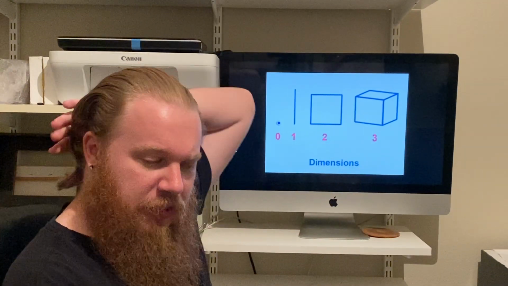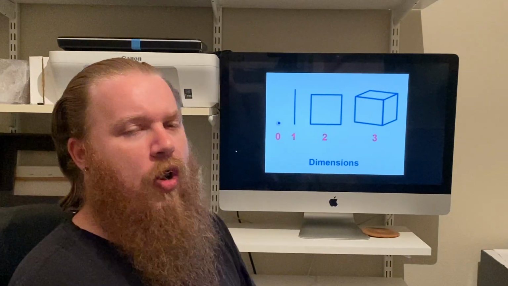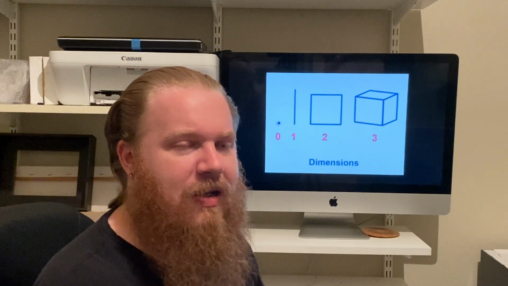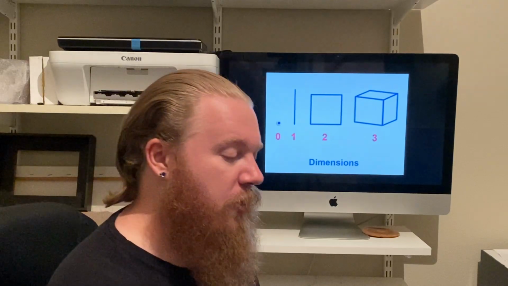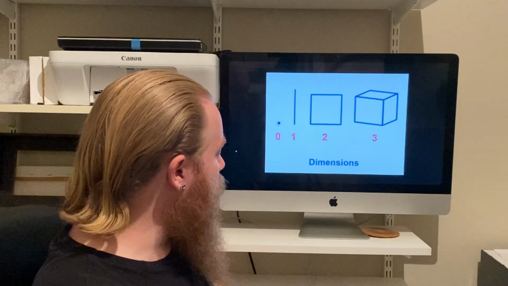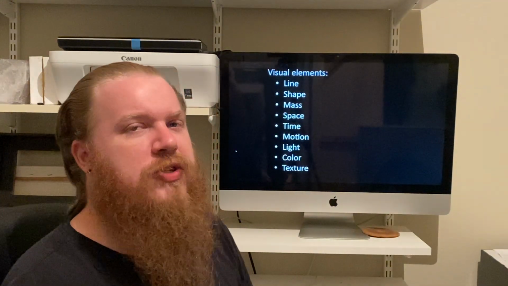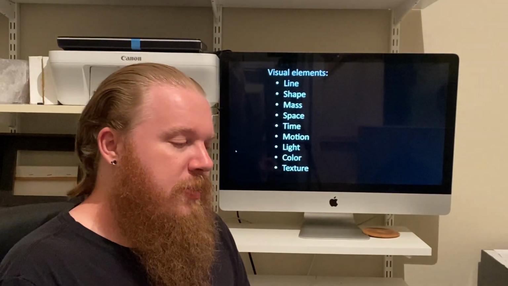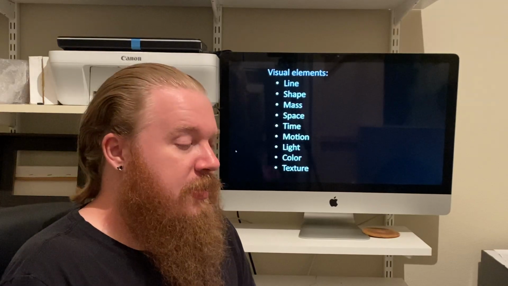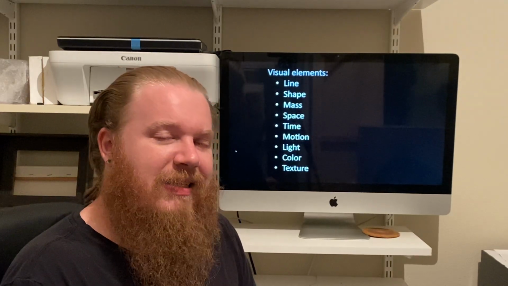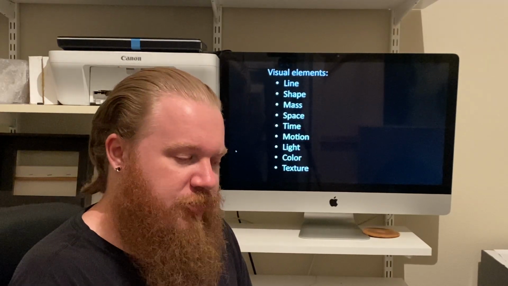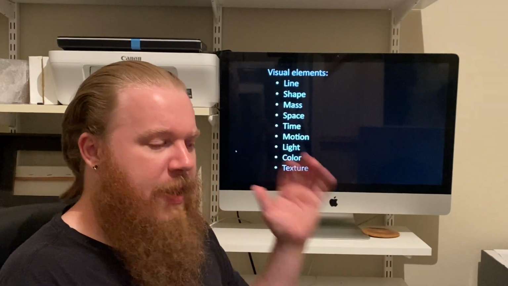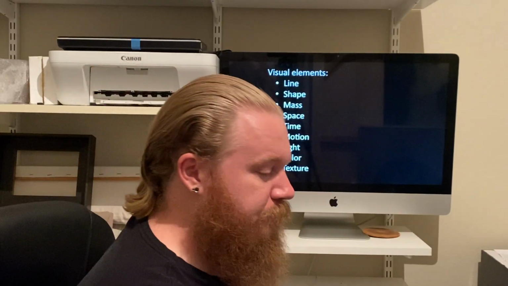However, we will see a little bit about how artists might deal with things like time in a two or three dimensional kind of setting. So, from there, our visual elements are as follows: line, shape, mass, space, time, motion, light, color, and texture. And we'll be looking at examples of each of these today.